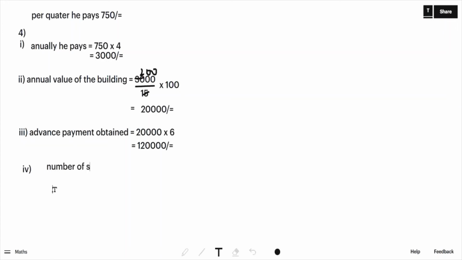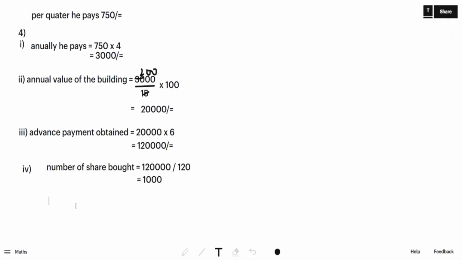Number of shares bought: he invested 120,000. He bought each share for 120 rupees. That means he has bought 1,000 shares.